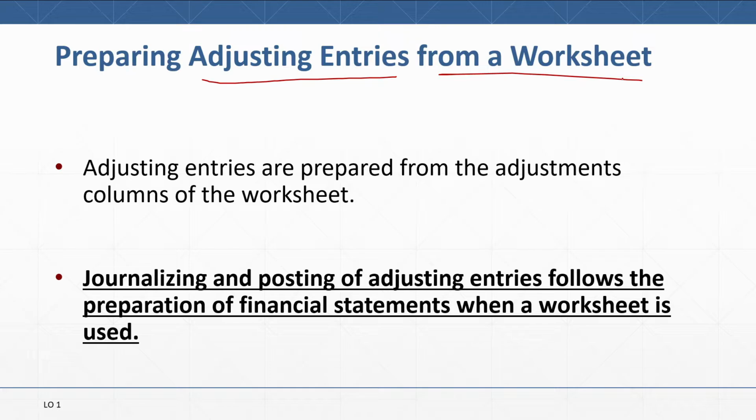Again, remember when you're using a worksheet, the order is preparing worksheet, then preparing financial statements, and then go ahead and journalize your adjustments. So basically, up to this point, there is no journal entry recorded in your accounting system when you're using worksheet.